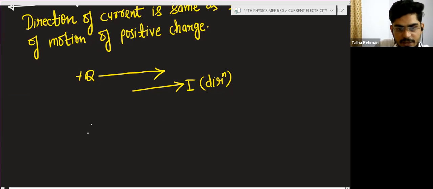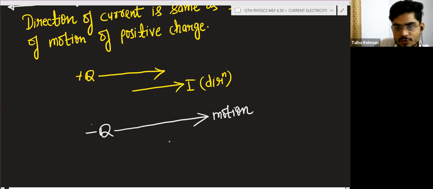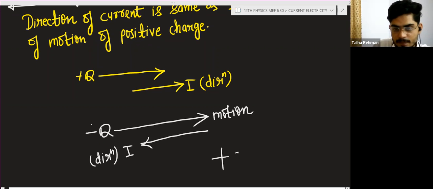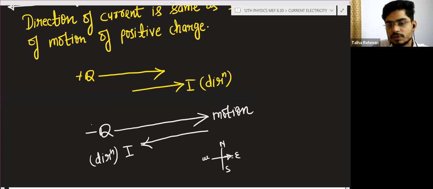If there is a negative charge and this negative charge is moving in this direction, then please remember, you will take the direction of current in the opposite direction of motion of charge. Like east, west, north, south: if negative charge is moving towards east, then you will take the direction of current towards west.